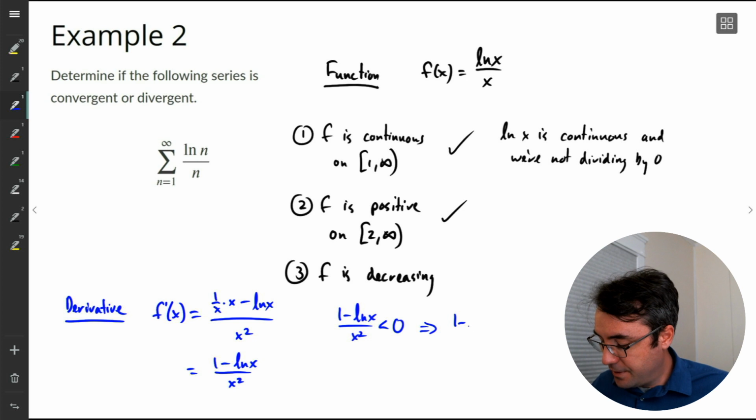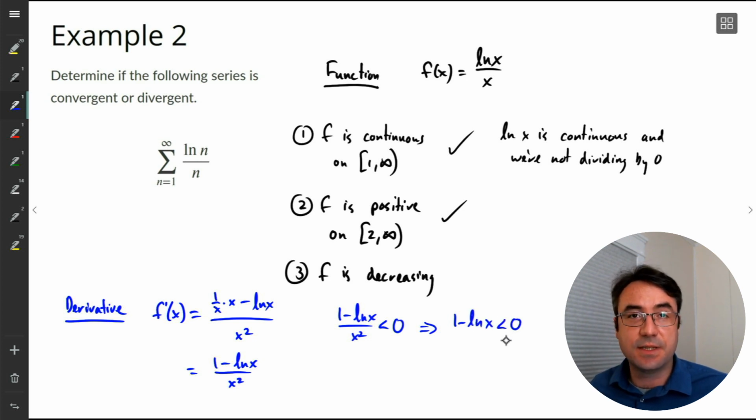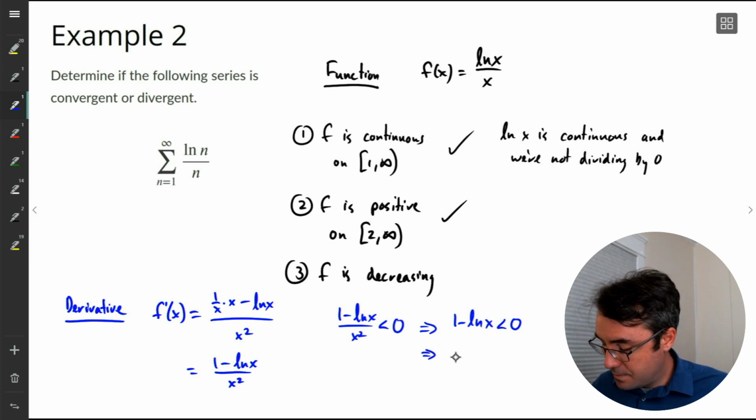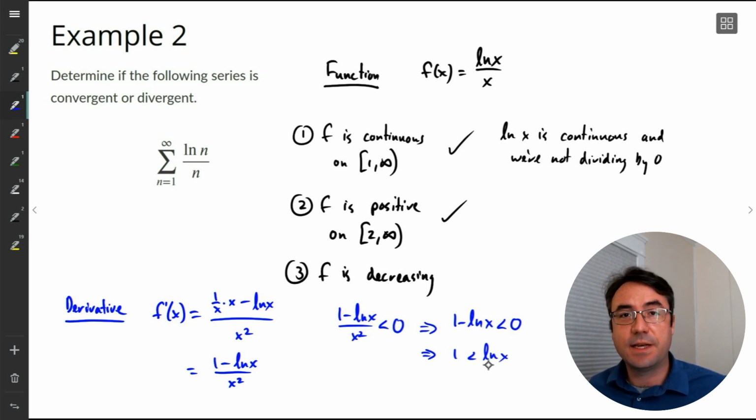So we really just need to figure out when is 1 minus the natural log of x less than 0? And if we keep going, add natural log x to both sides, we get 1 is less than ln x. We're trying to solve for x here in this inequality.